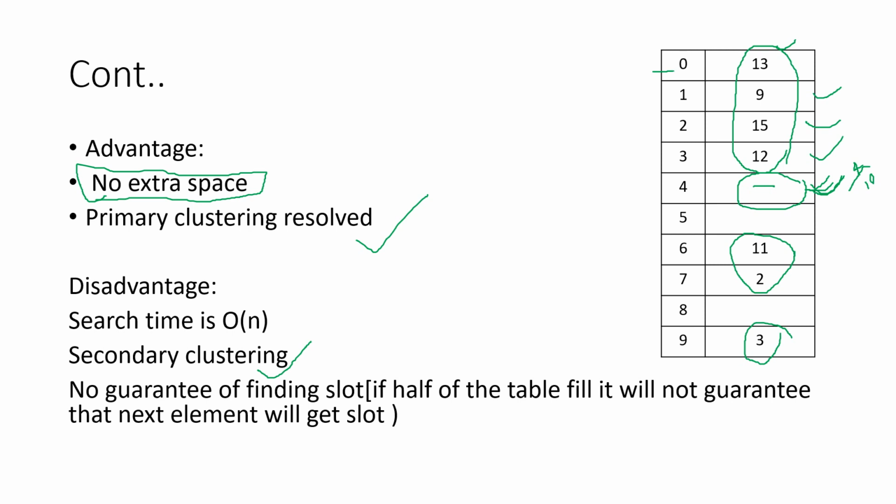Next, there is another disadvantage: there is no guarantee of finding a slot. If half of the table is filled, it will not guarantee that the next element will get a slot. Sometimes what happens is that a cycle comes.